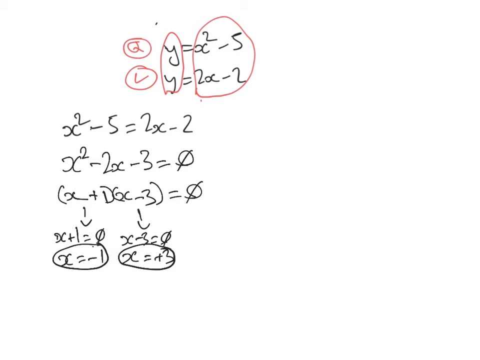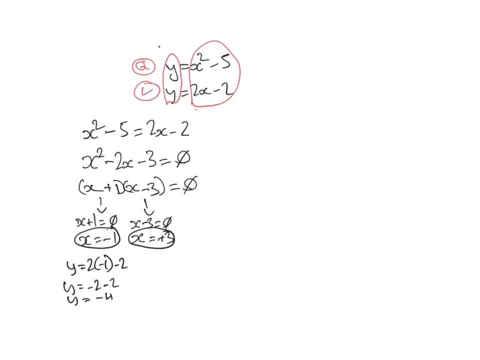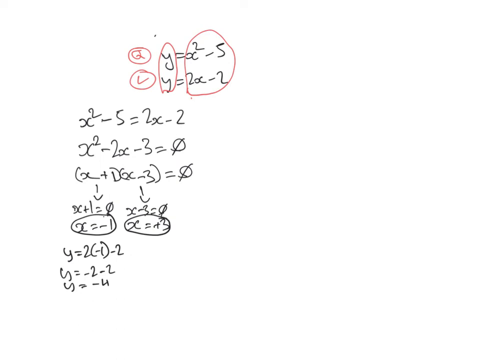So if we substitute back into the linear for x is negative 1, we get y equals 2 times negative 1, take away 2. So y equals negative 2, take away 2. So y equals negative 4. Okay. Now, make sure you write that as the solution, the coordinate pair, okay?